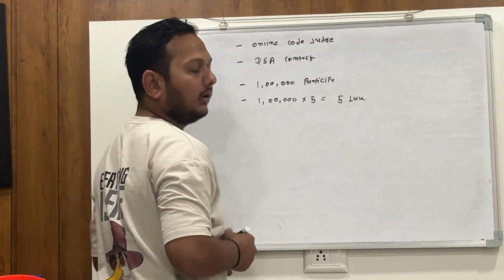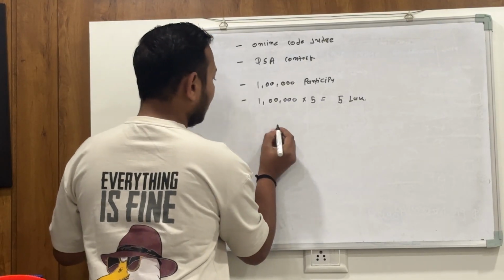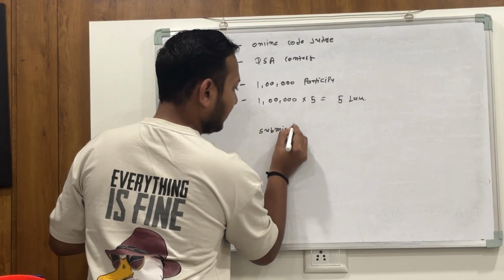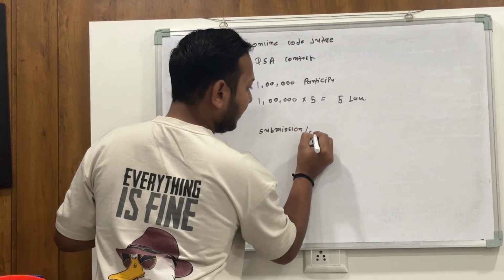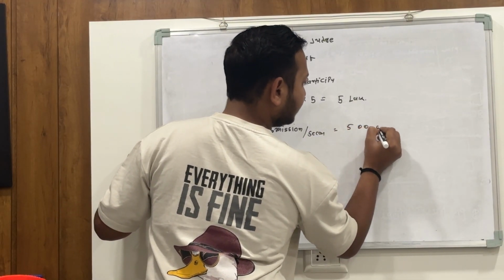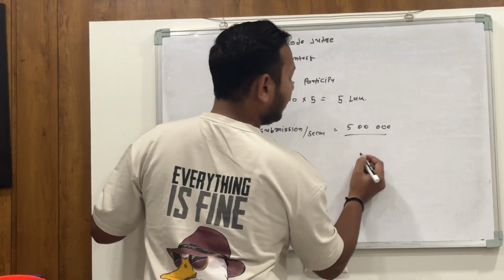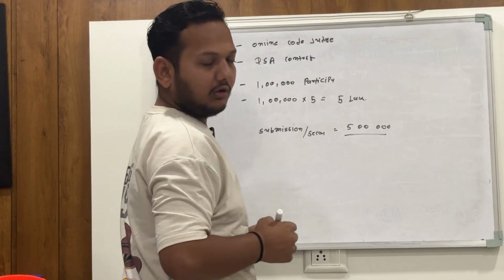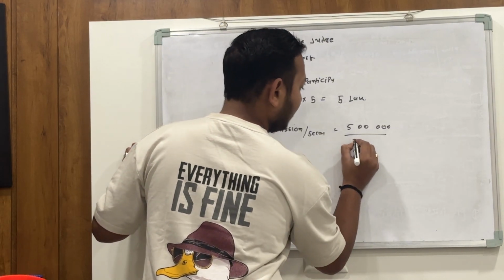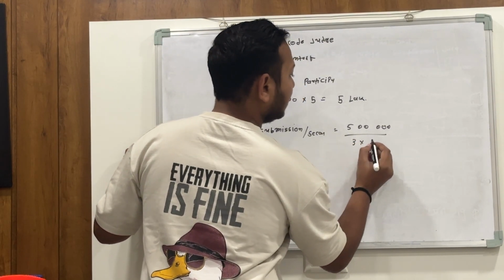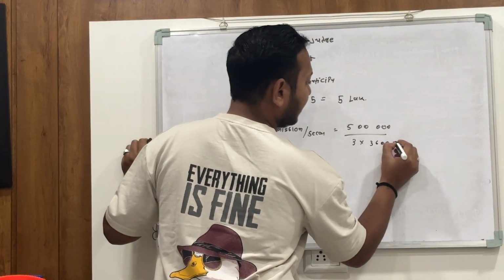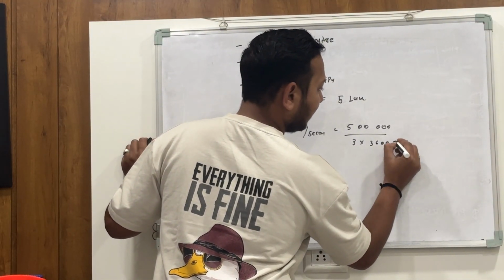So total number of submissions is 5 lakh, and submissions per second is 5 lakh divided by 3 hours of contest, so 3 into 3600, and we can say it's around 10,000, right?